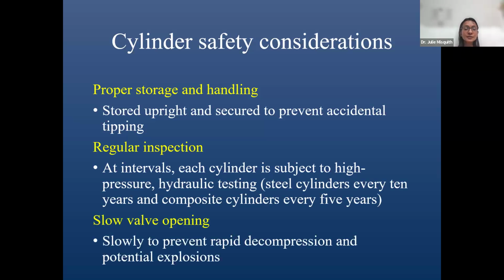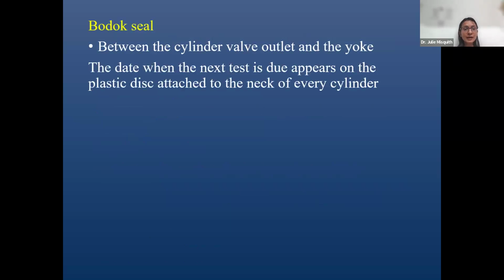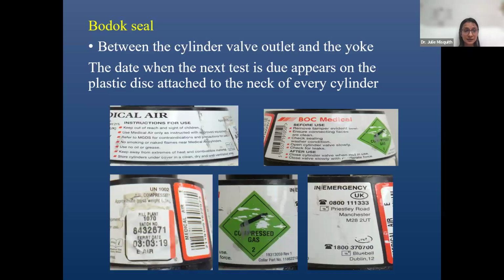The valve should be opened slowly, 3 to 4 turns, to prevent rapid decompression and potential explosions. Now, between the cylinder valve outlet and the yoke, there's the Bodok seal. And in every cylinder, the date when the next test is due appears on the plastic disc attached to the neck. And all these components are given in each cylinder, which has to be tested.